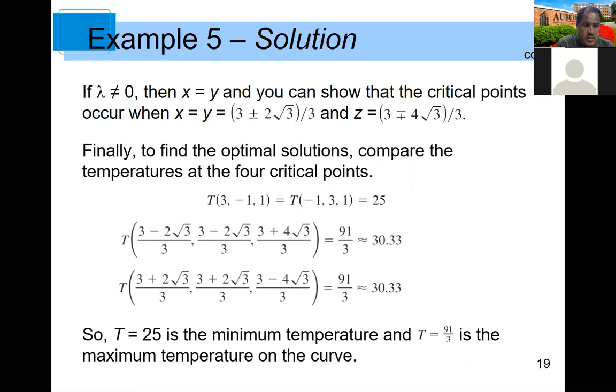Okay? So that is a curve. The intersection of the sphere and the plane is a curve, so the temperature on the curve is 91 over 3. All right.